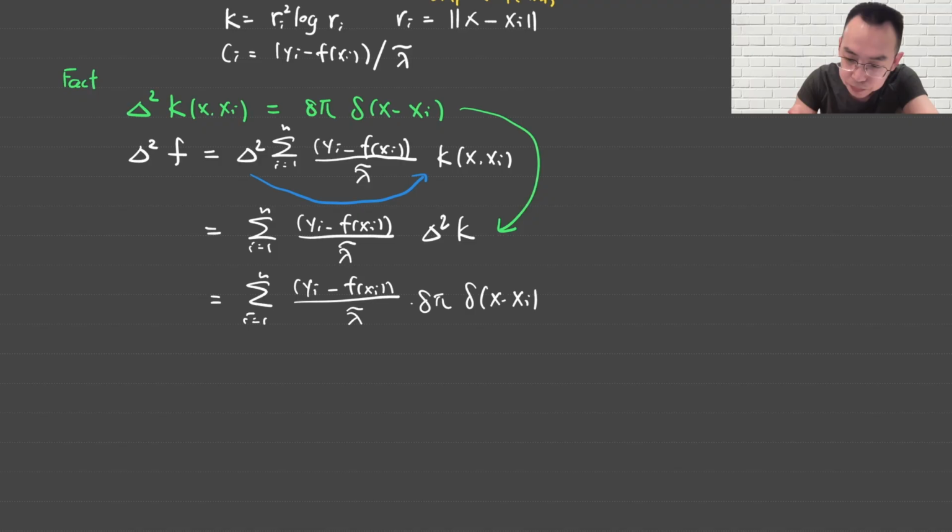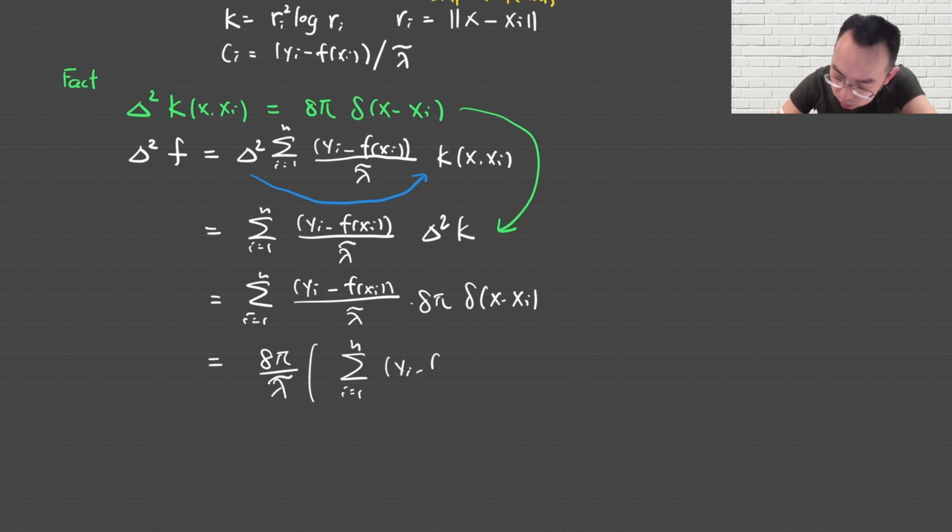So this thing, let's say around here, equals a pi lambda tilde, and then the sum, and then delta x minus xi.